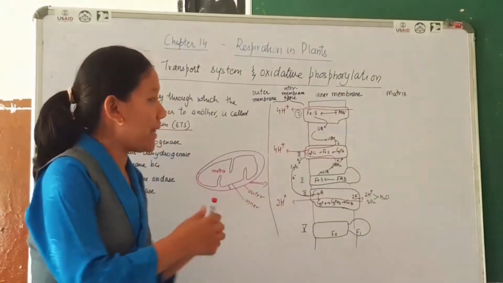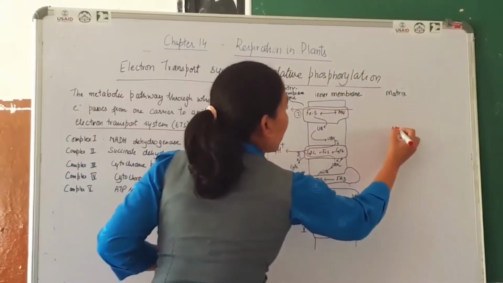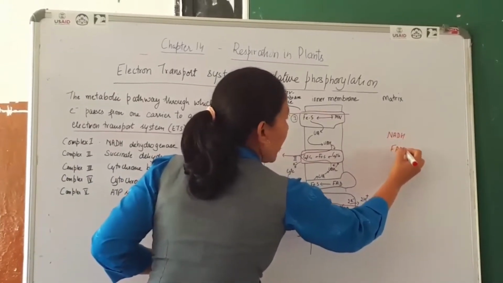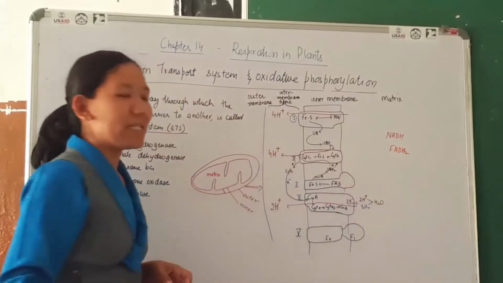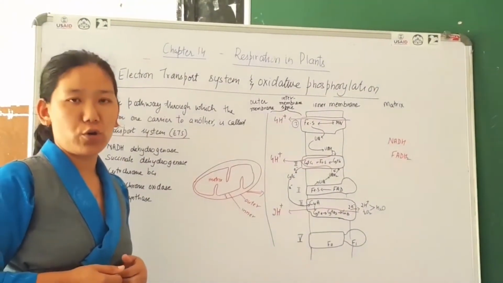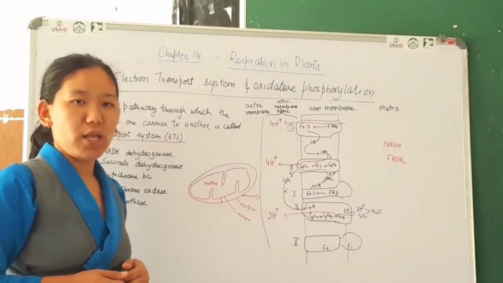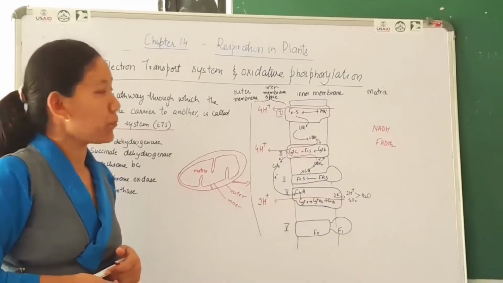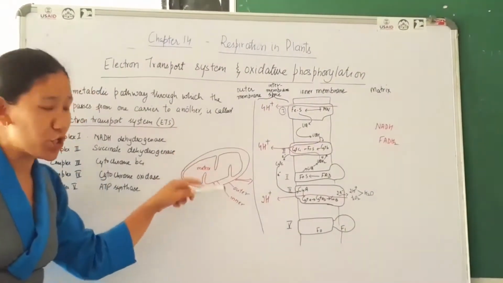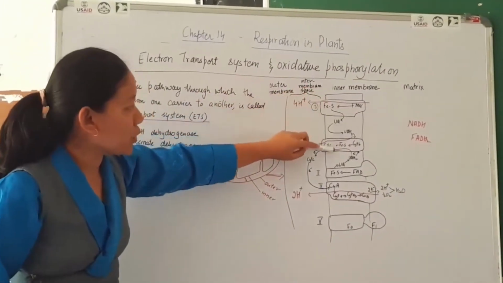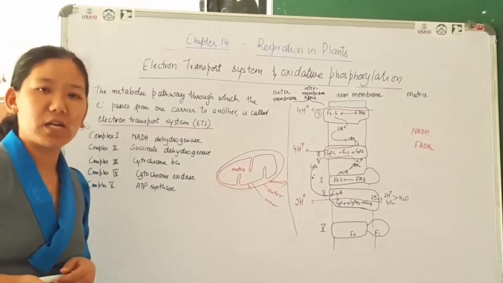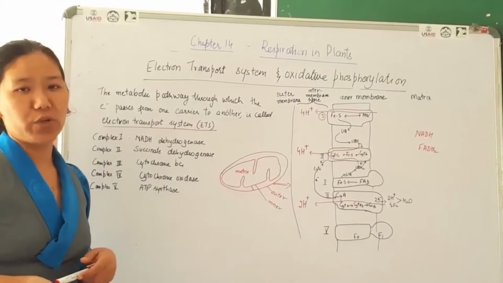These act as a source of electrons. They lose electrons, they undergo oxidation, and the electrons are transferred to the electron transport chain. During that transfer, energy is released.